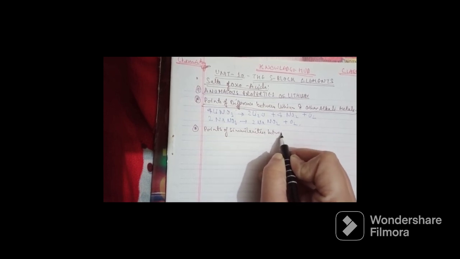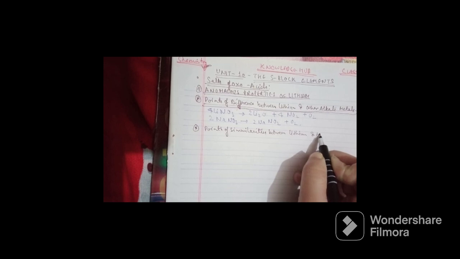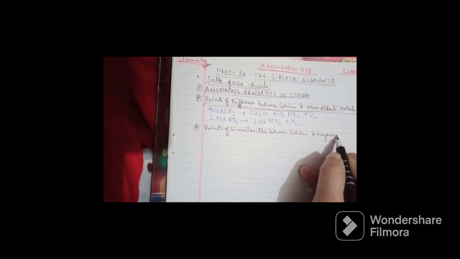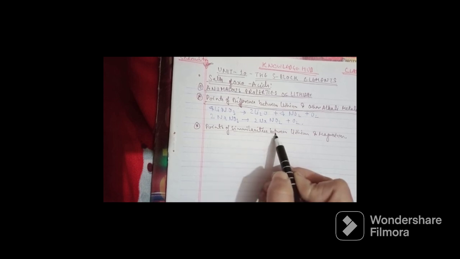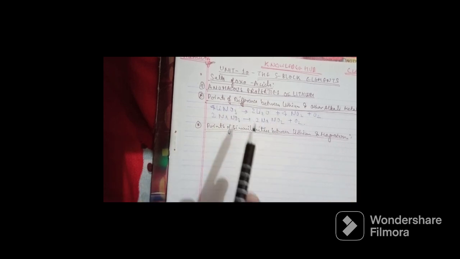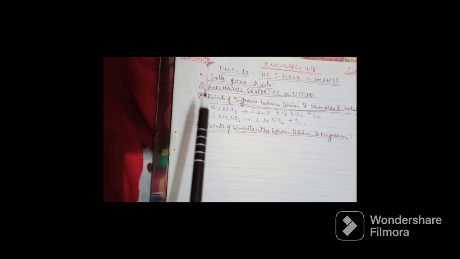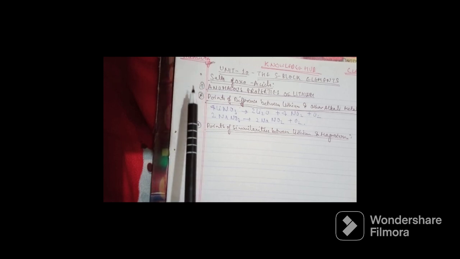The similarity between lithium and magnesium is particularly striking and arises because of their similar sizes. Atomic radii: lithium is 152 pm and magnesium is 160 pm. Ionic radii: lithium is 76 pm and magnesium, which is Mg2 plus, is 72 pm.